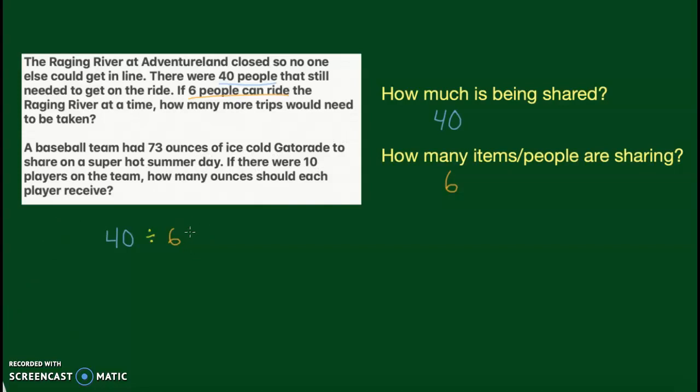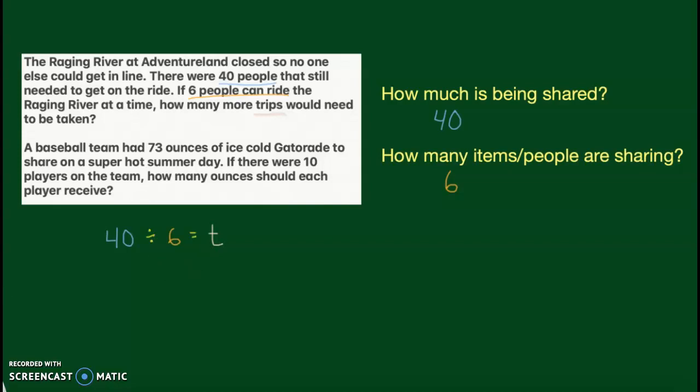Then we have to figure out the answer, and they've also asked you to include a variable, or a letter. A variable is a fancy name for a letter in a math problem. The question is how many more trips would need to be taken, so we're going to go with the letter T. So 40 divided by 6 equals T. You can use any letter. It doesn't really matter.